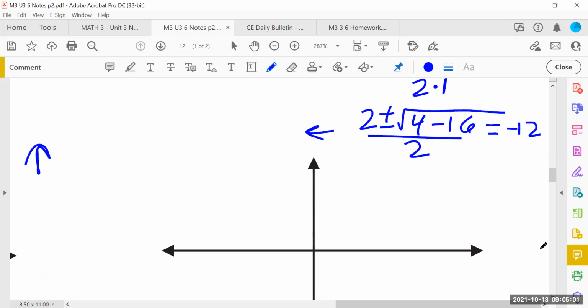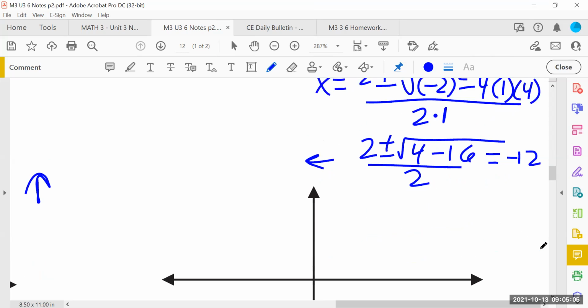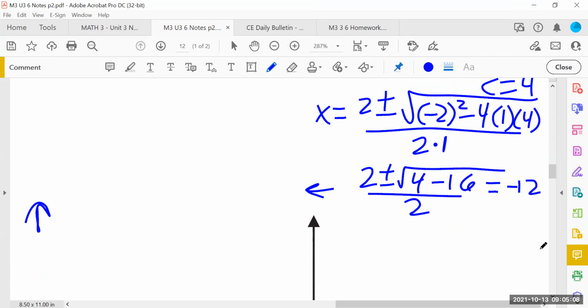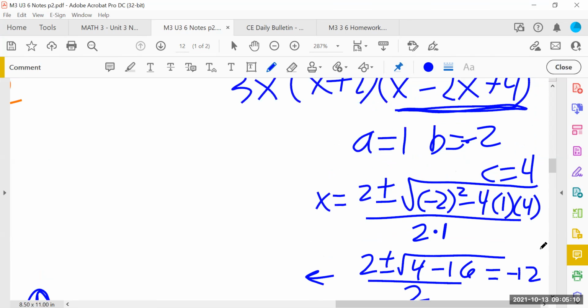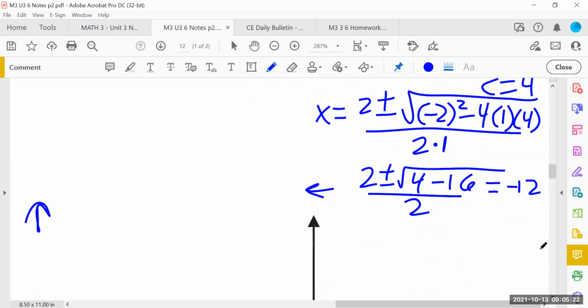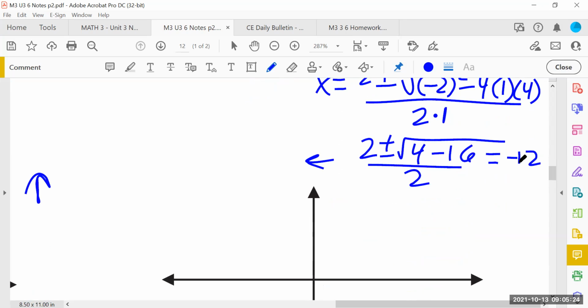That -12 is inside my square root, so it's going to be an i. Because the quadratic formula is x equals minus b, the opposite of b. Does that make sense, Brian? Yep, so plus 2 or minus -2. -12 is going to be an i. 12 is 2 times 6, which is 2 times 3.